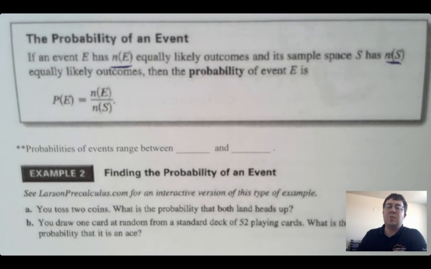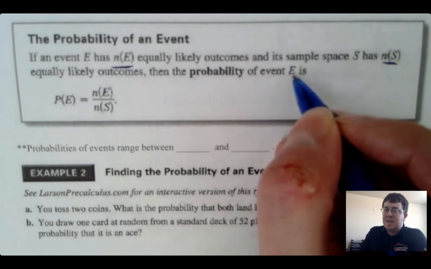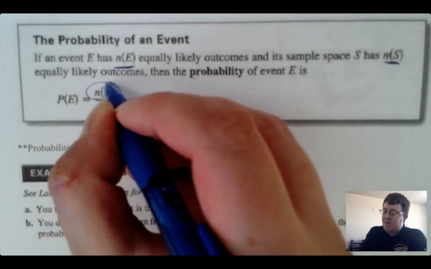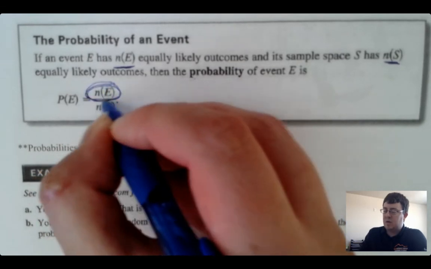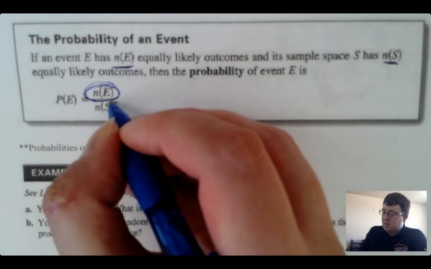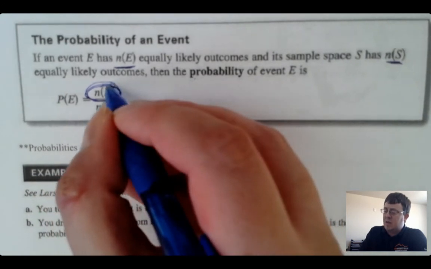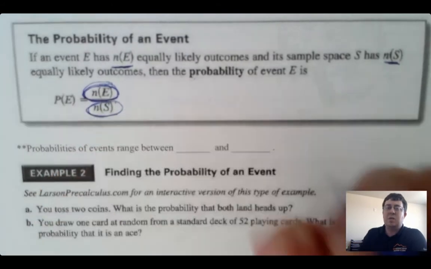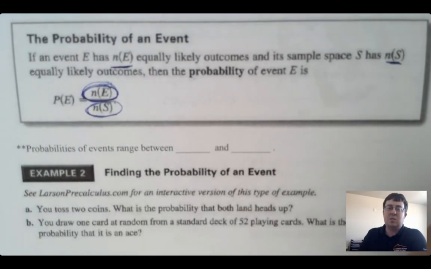In the last example we saw, there were 24. The probability of getting the event E is how many outcomes there are in E, and how many times you can get the event E, over how many total outcomes there are in the sample space.